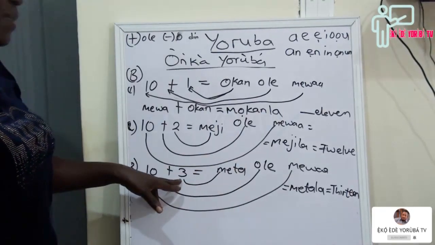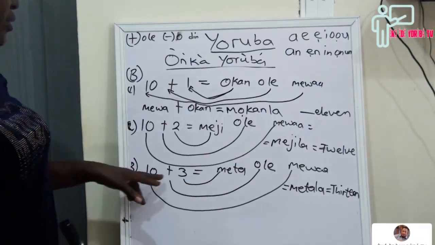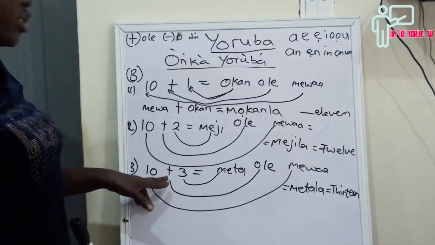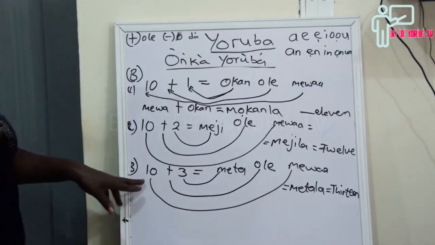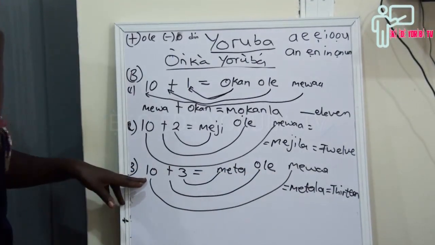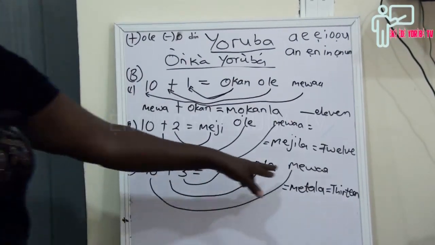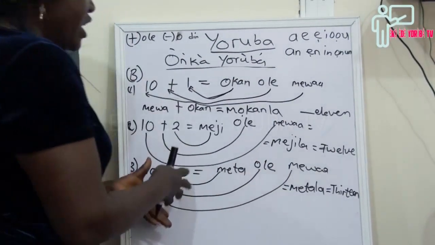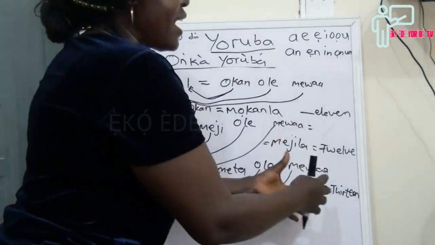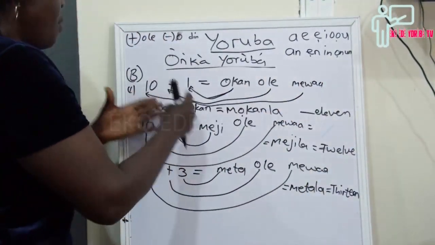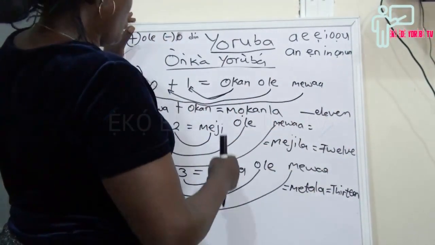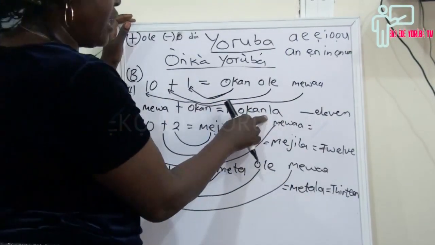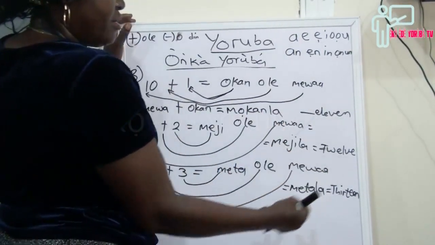Mẹ́ta, this is mẹ́ta, 3. This is ole, which is plus. And this one is 10. This is mẹ́wàá. So the addition will now give us mẹ́tàlá. So this one is mọ́kànlá, méjìlá, mẹ́tàlá.